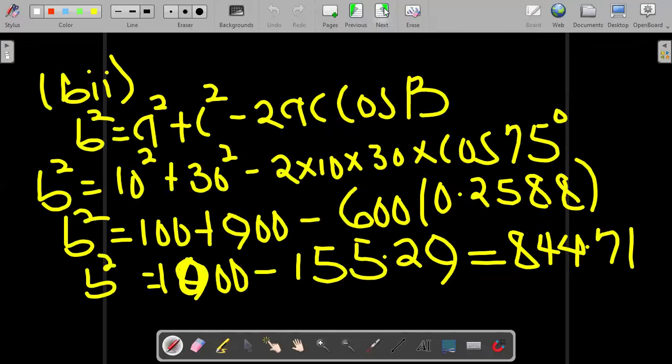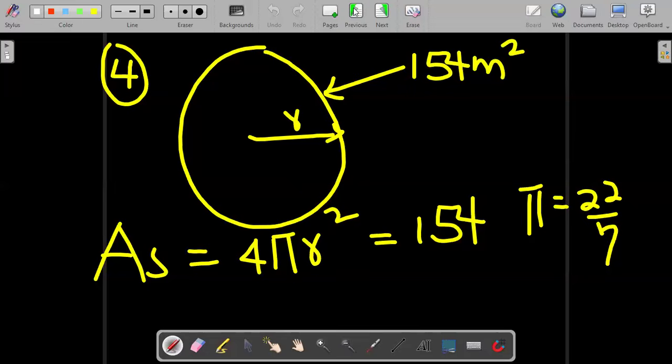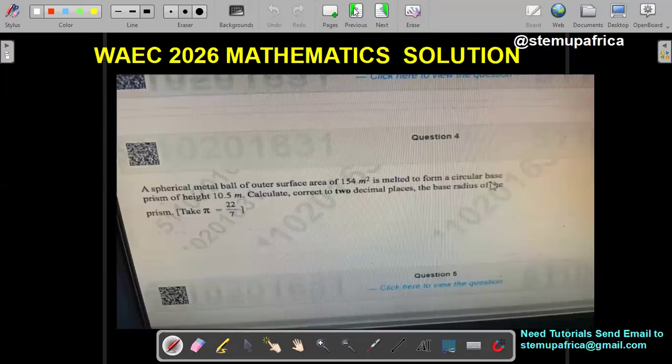Go and write them out. Copy this question, question 4. Try it out. You can send me the answer.